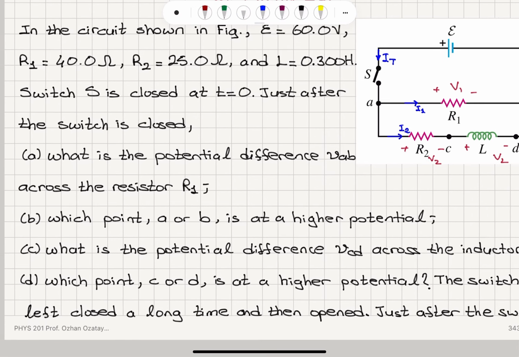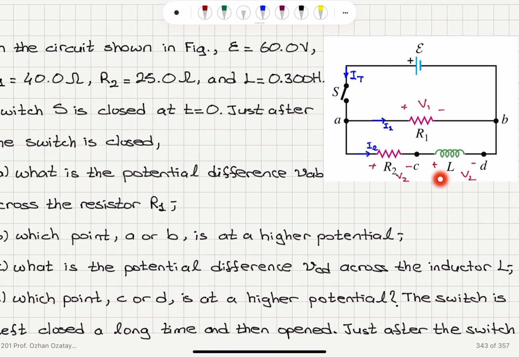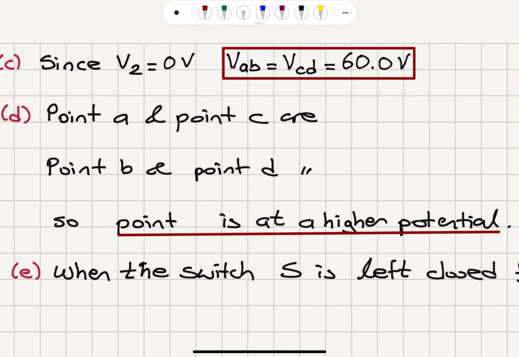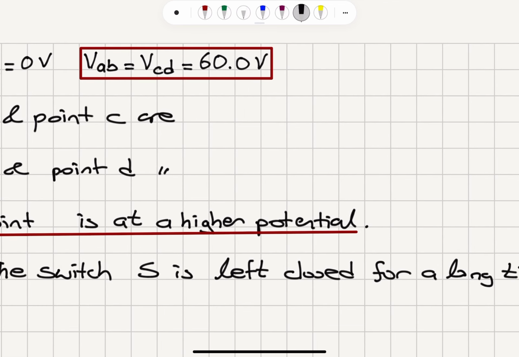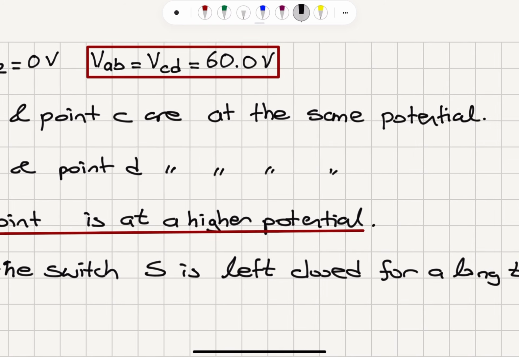Now, part D: which point, C or D, is at a higher potential? Well, VCD is positive. That means point A and point C are at the same potential, since there is no voltage drop across R2, and point D and point B are also at the same potential.